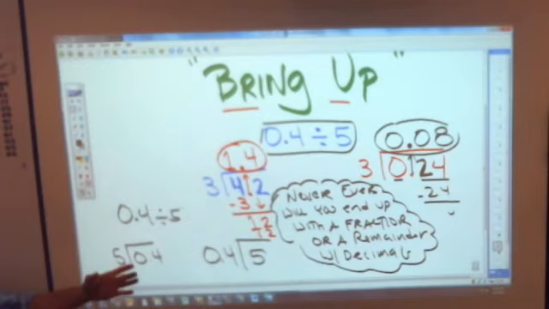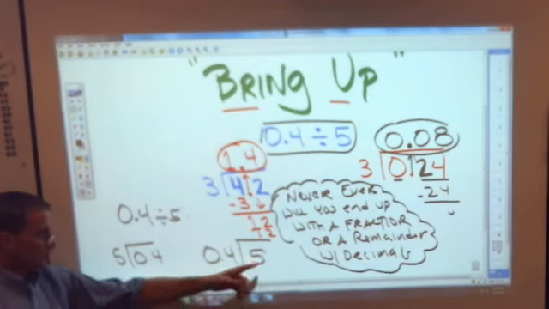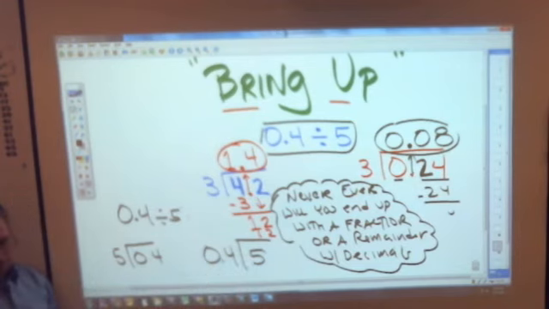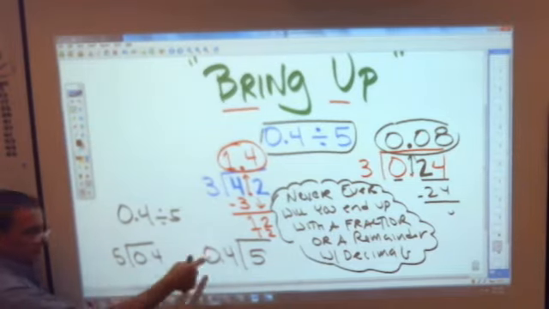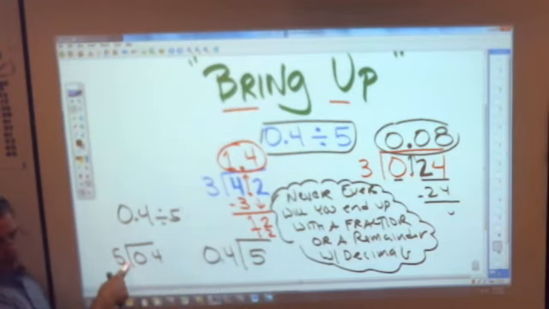Which one of these is correct? Is it 0.4 divided by 5, or is it 5 divided by 0.4? Sam? 0.4 divided by 5. This one? Yeah. Or this one? Who agrees with Sam? Who disagrees with Sam? Oh, we got a couple stragglers out there.